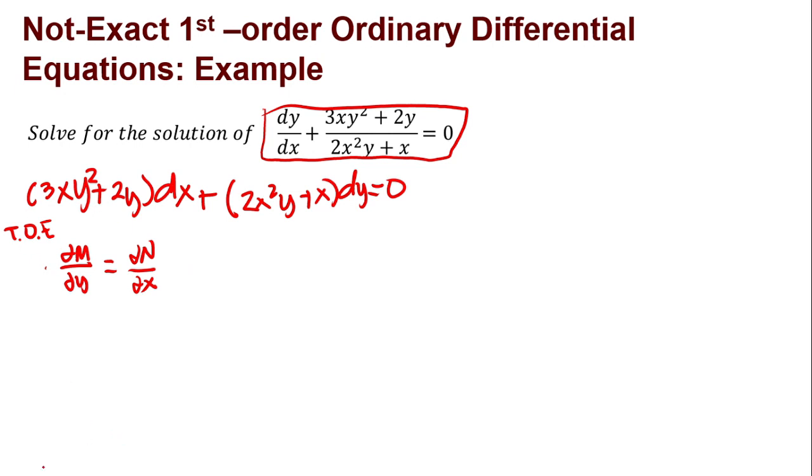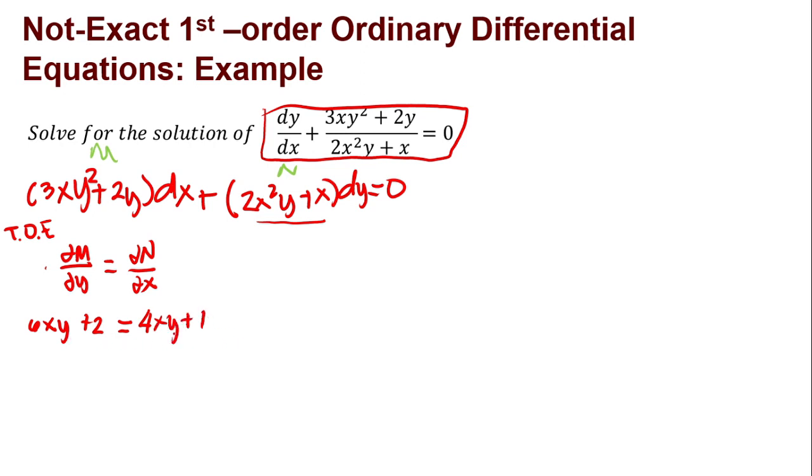Based on this differential form, the value of our M is this one, and the value of our N is this one. We partially differentiate M with respect to y, so we have 6xy plus 2, which should equal the partial derivative of N with respect to x, so we have 4xy plus 1.